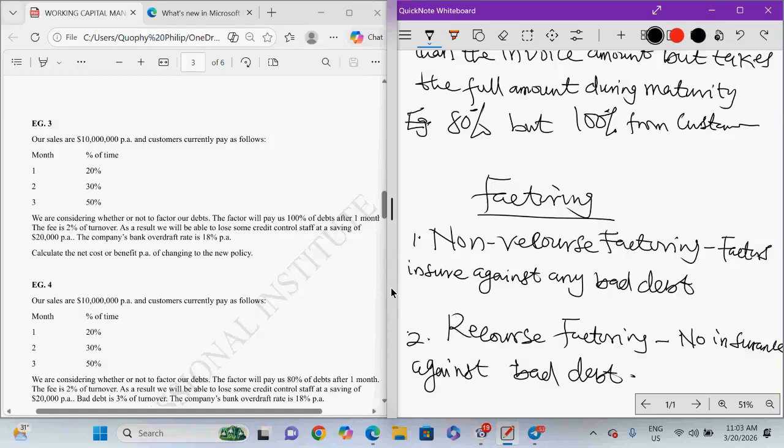So with the non-recourse, they ensure that you will not get any bad debt. But here, any bad debt can occur.